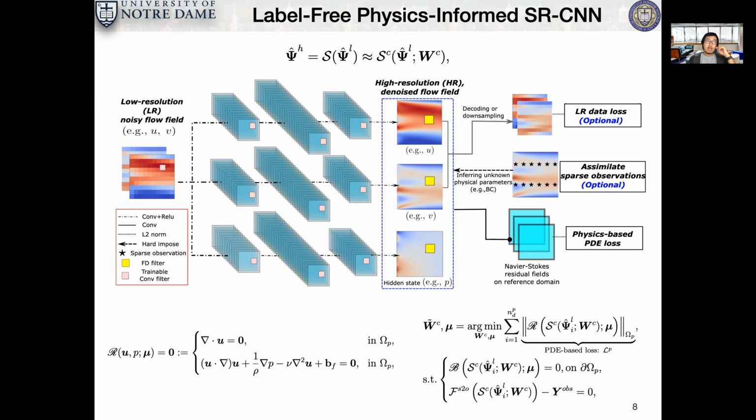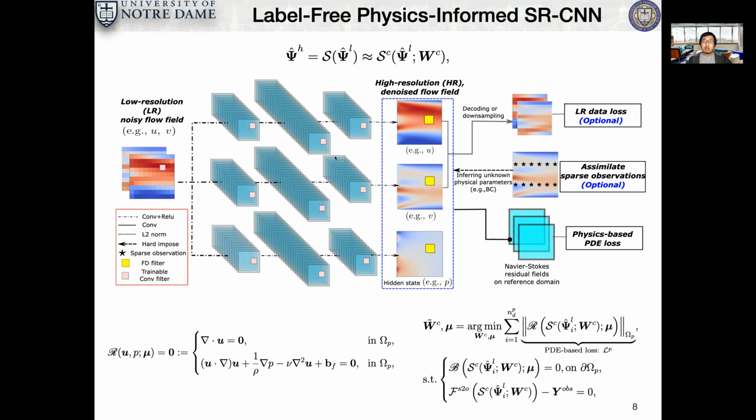Compared to the fully connected nets, the CNN usually needs orders of magnitude fewer parameters because of the parameter sharing via the filter-based convolution operations, which is well positioned for large-scale and high-dimensional surrogate modeling problems and the super resolution problem. So here we developed this physics-informed super resolution CNN.